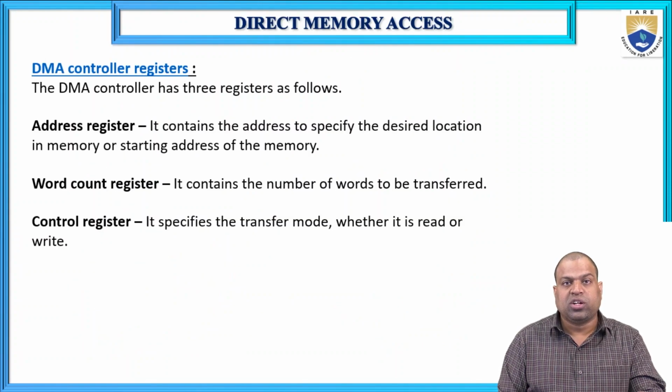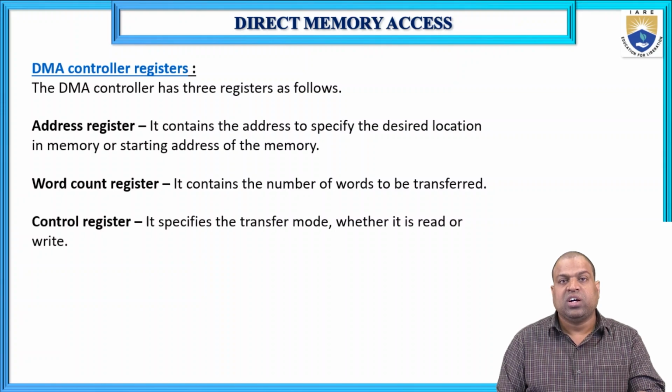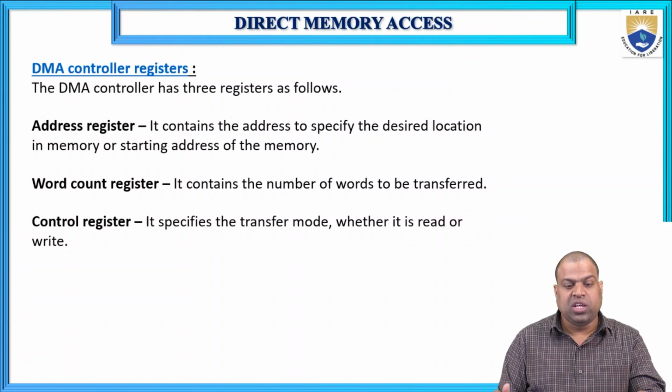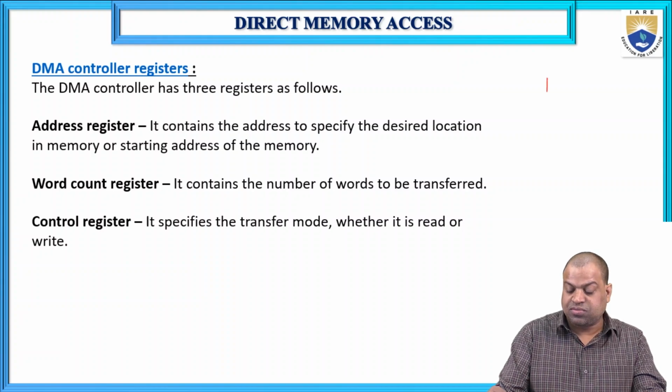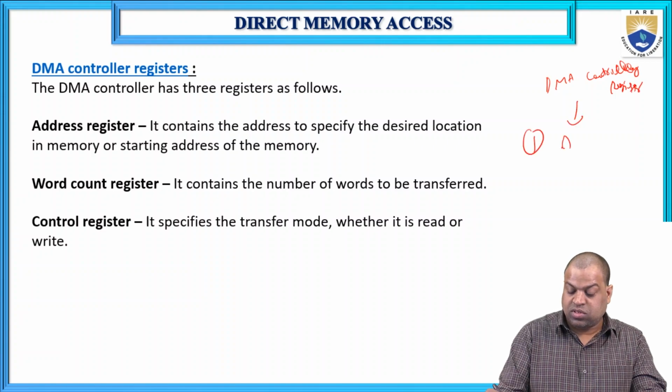Now the DMA controller registers. The DMA controller has 3 registers as follows: address register, word count register, and control register. We will discuss each one now. First, the address register.